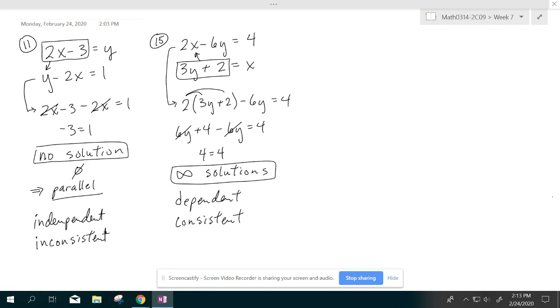And at this point, I'm ready to move on to page 171, section 3.3. We're going to start with problem number 3.